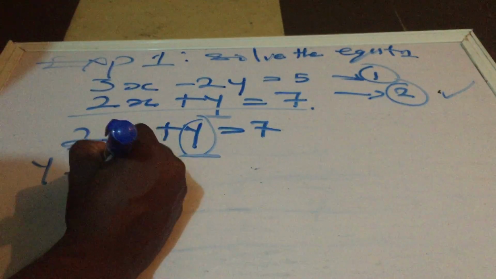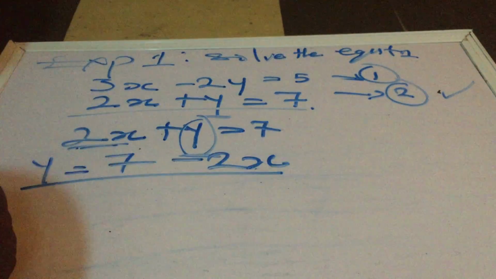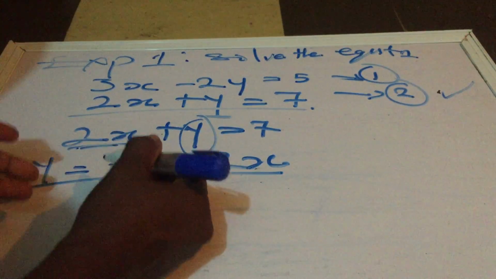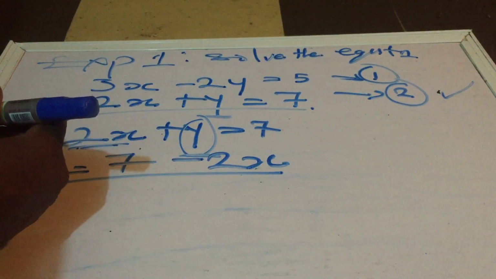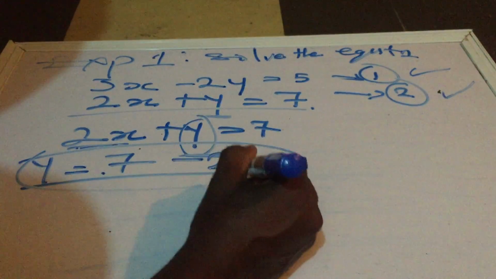So it becomes 7 minus 2x. That's already my y. Now what I need to do is substitute this y into the other equation. So let me choose equation 1.